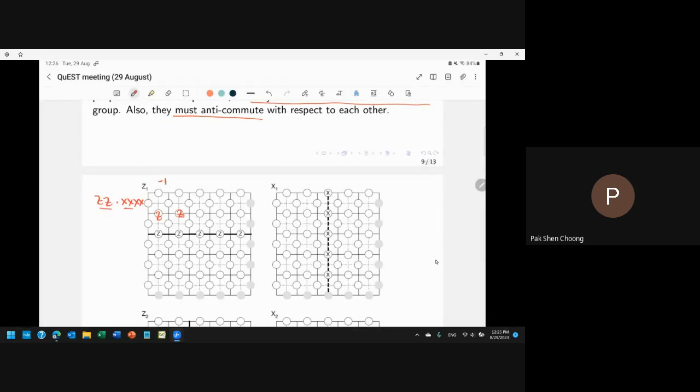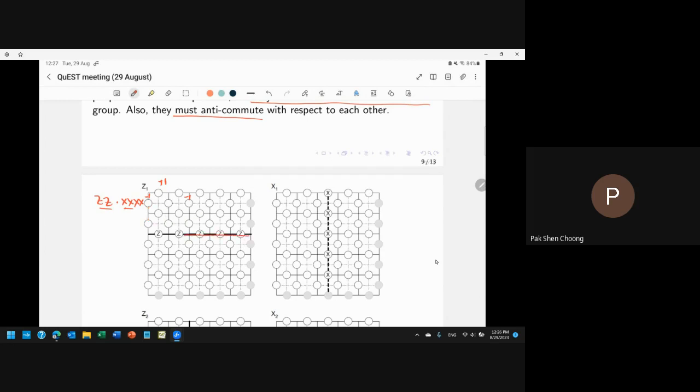So meaning that over here, now you detect +1. But over here and over here, you detect -1. So the only way for you to actually get +1 is doing this.